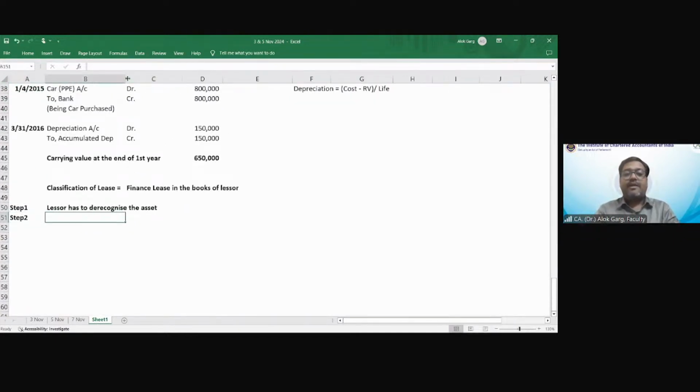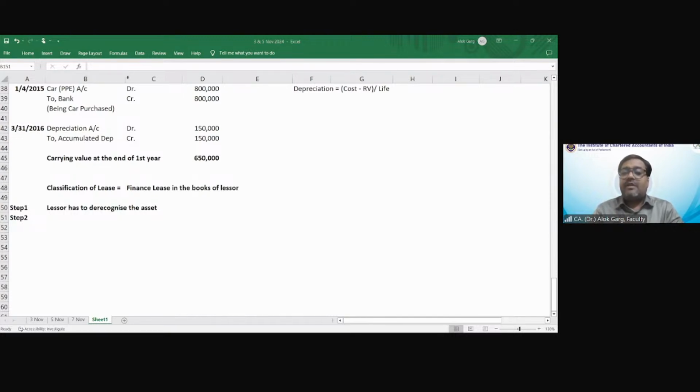Car PPE should be credited, but what will be debited? आपने एसेट को क्रेडिट कर दिया, बट डेबिट क्या करोगे? Investment in lease. Net investment in lease, or I can say finance lease receivable, जो पैसा आना है, correct?